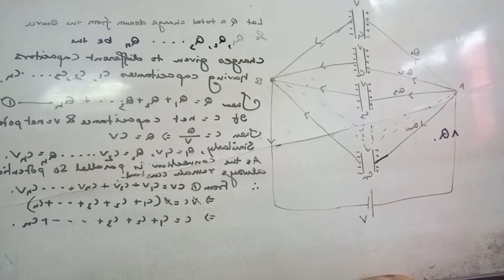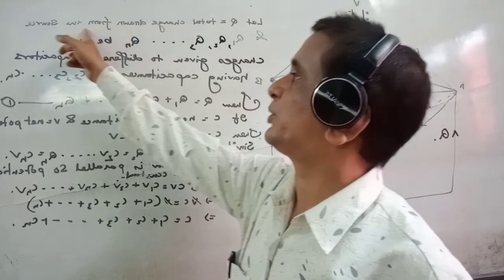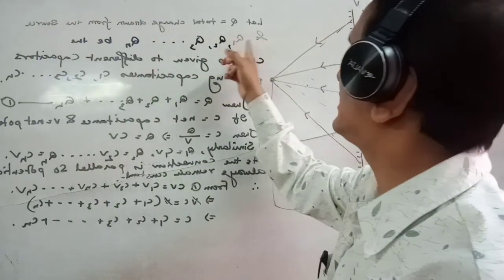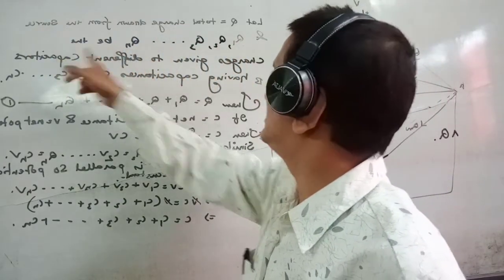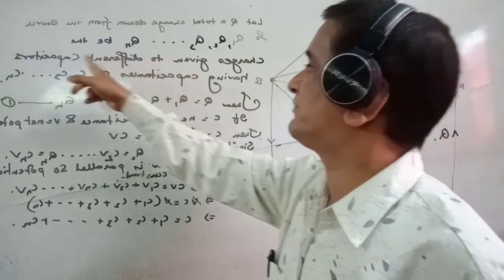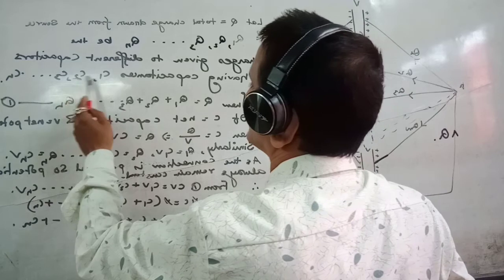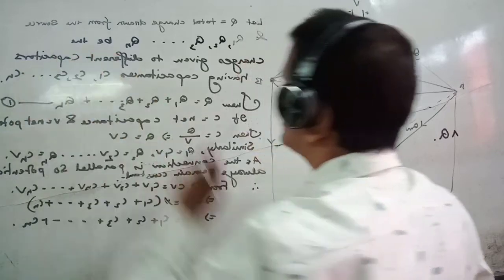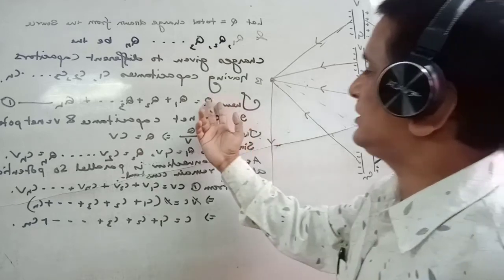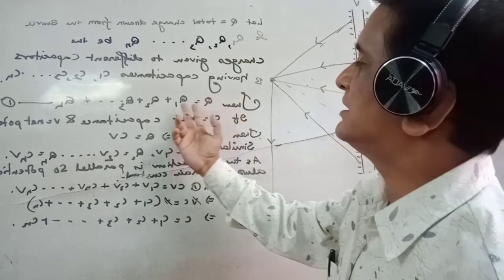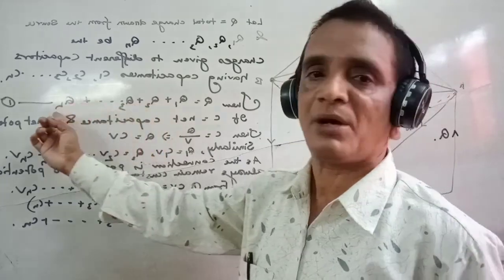Here we have written, let Q equal the total charge drawn from the source, and Q1, Q2, Q3, Qn be the charges given to the different capacitors having capacitances C1, C2, C3, Cn. From there, we can say Q is the total charge, so Q equals Q1 plus Q2 plus Q3 dot dot dot Qn.